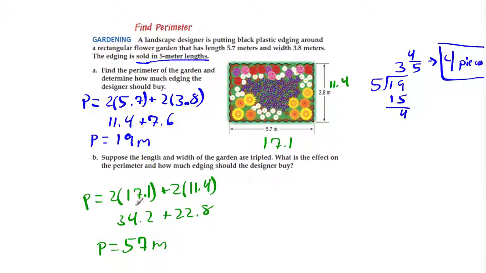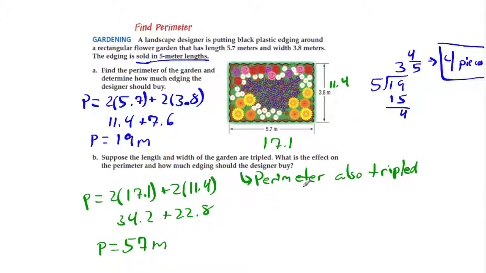Now actually take a look here. What's the relationship between 57 and 19? 57 is 3 times 19. So the perimeter is also tripled, which is a cool relationship if you think about it.